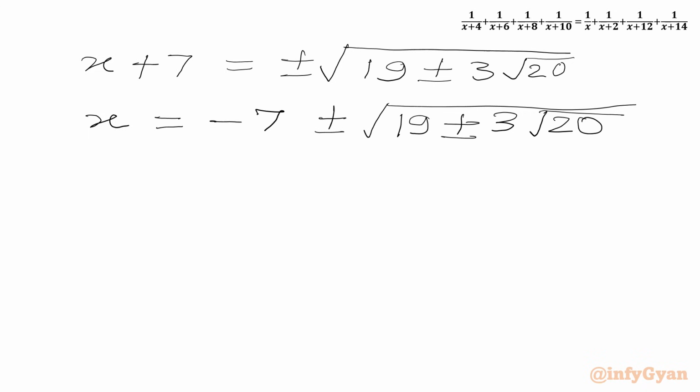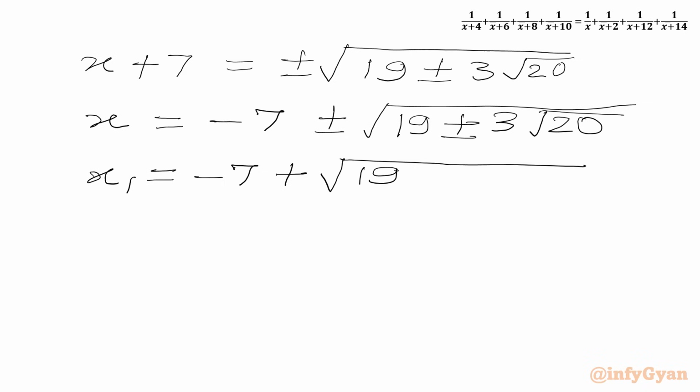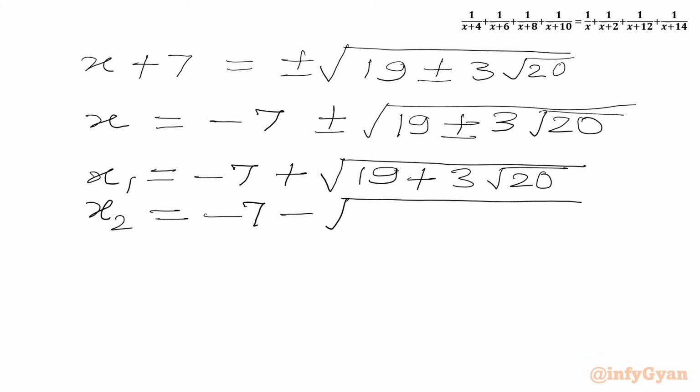Let me write here x1 will be equal to minus 7 with plus sign square root of 19 plus 3 square root 20. Our first solution. Second solution, we will write x2 equal to minus 7 minus square root of 19 plus 3 square root 20.